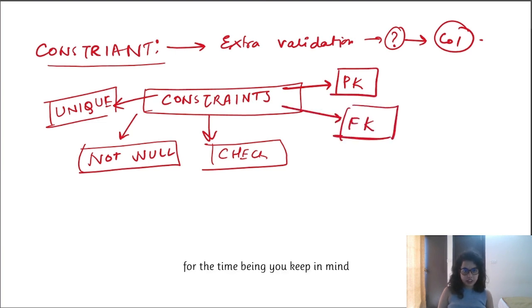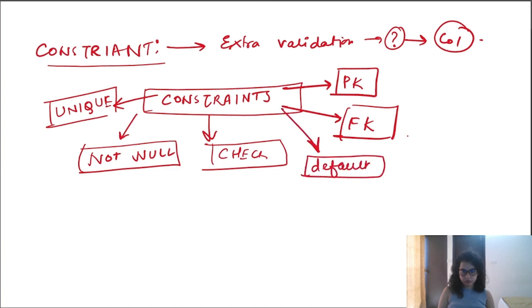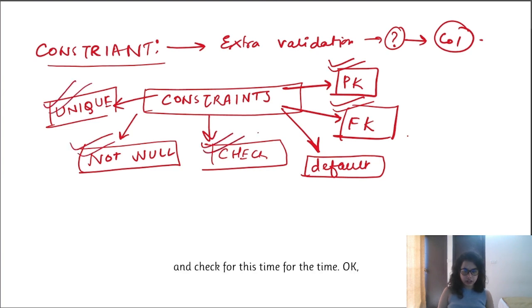For the time being, there's one more, default, but if somebody asks you what constraints are, just keep in mind primary key, foreign key, not null, unique, and check.